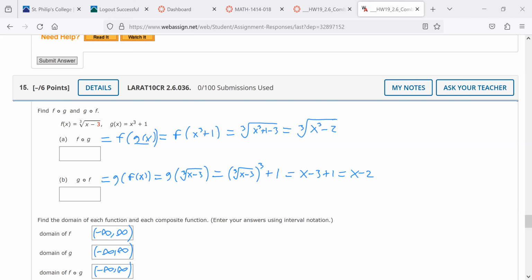Okay. So when I said there's no hard one, I meant there was no function that had strange domains that would make finding this hard. Since they were both infinity, then the composite was pretty much the same. But let's say this one was like square root x, and that was going inside the f.